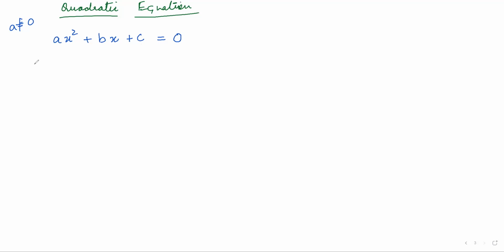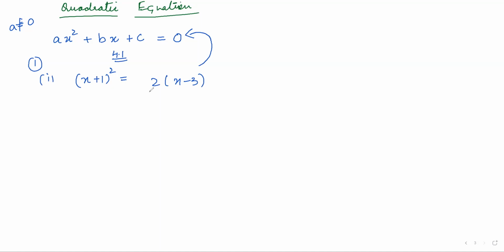So the first exercise of NCERT, exercise 4.1, the first question is to check whether the following are quadratic equations. So first part, x plus 1 whole square is equal to 2 into x minus 3. Ultimately you have to see whether you can write it in this form, ax square plus bx plus c is equal to 0, the general form.